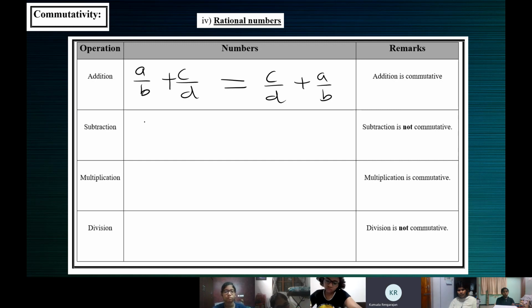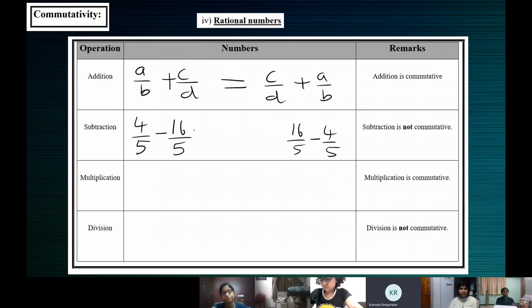When we subtract, if you take the same example, 4 by 5 and 16 by 5, when we subtract 16 by 5 and 4 by 5, here we get minus 12 by 5, while here we get 12 by 5. The answer is not the same.